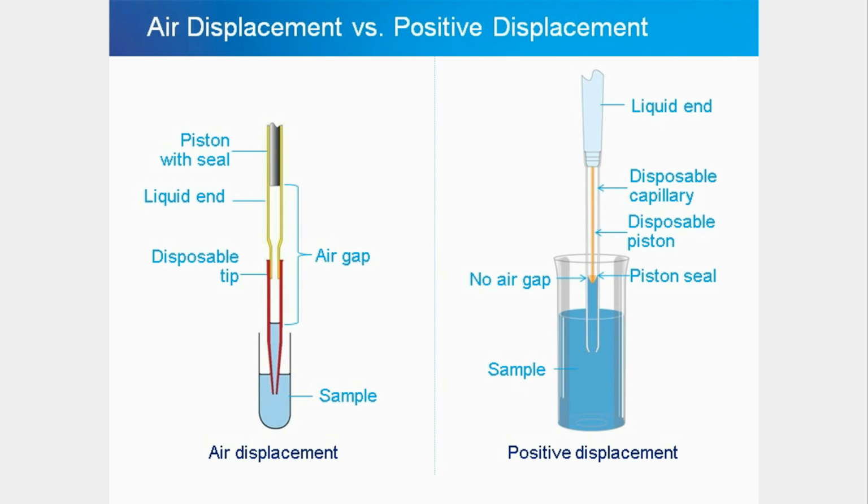The lack of an air gap also makes pipetting volatiles easier, since they cannot evaporate in the tip. However, typically the entire capillary and piston system must be discarded after use, since the piston has contacted the liquid.